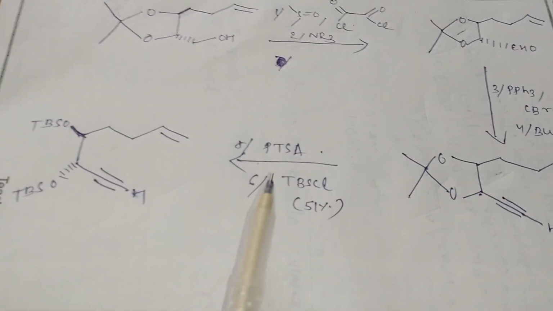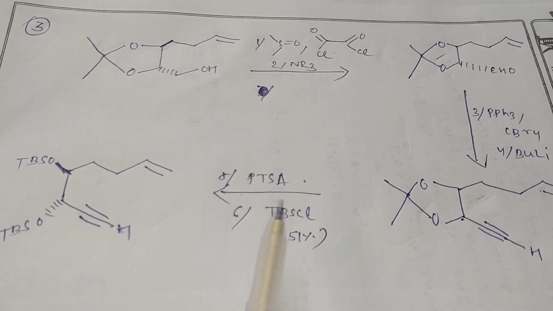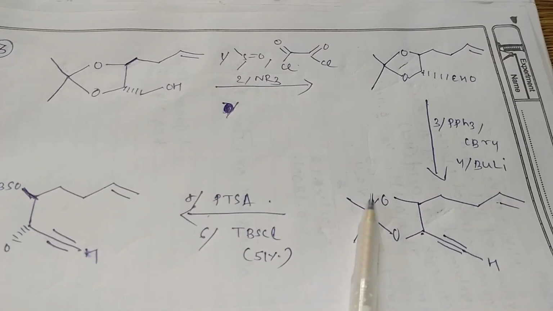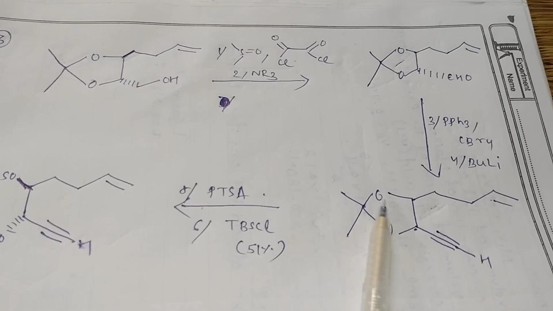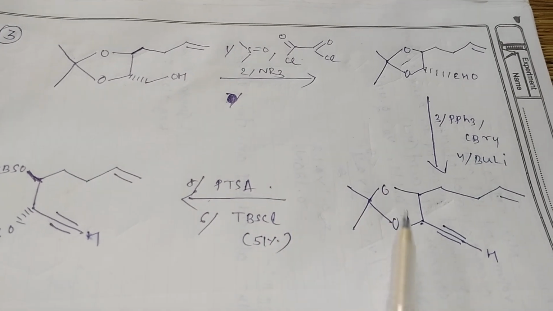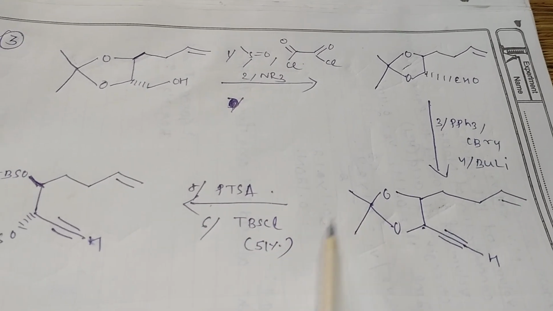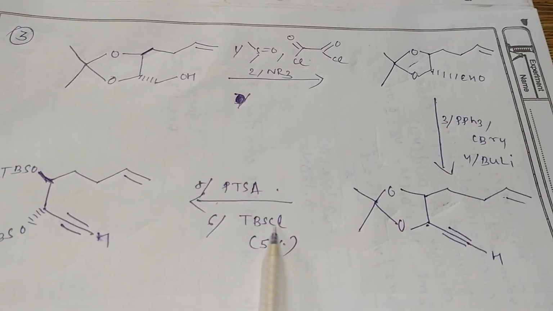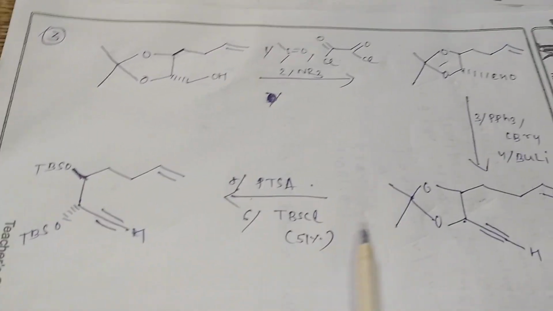And in the third step, it is very, very important. PTSA can be used to deprotect this group. Here deprotection takes place, and there will be conversion to OH and OH. Two OH groups are present, and again they will be protected by TBSCl to convert to OTBS and OTBS.